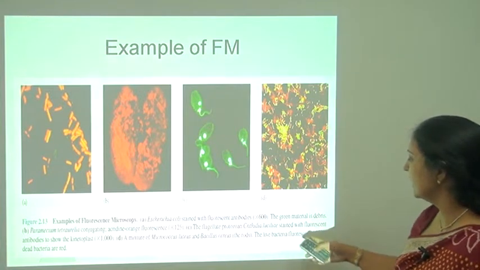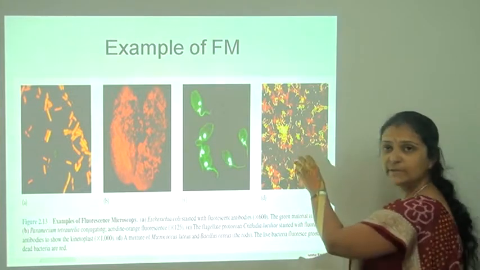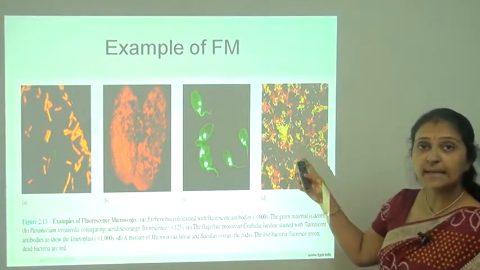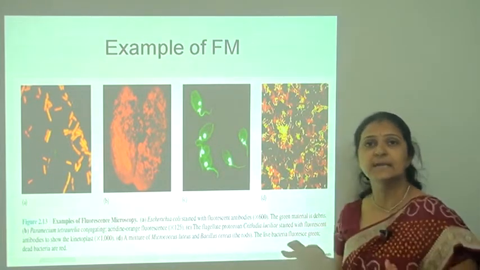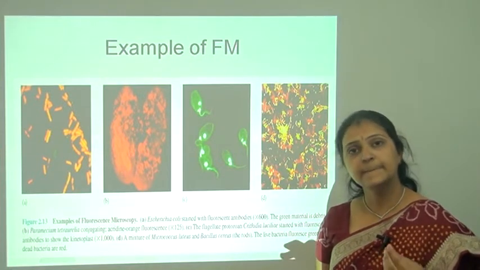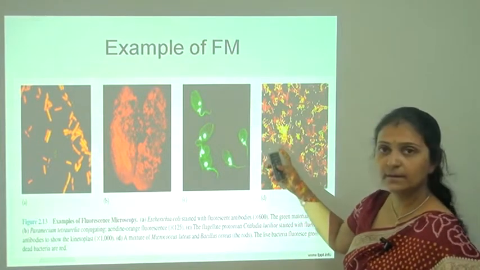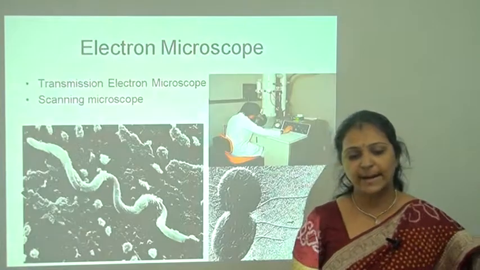Here the live bacteria fluoresce green. So we can see that the bacteria which are green are the live bacteria, and the bacteria which are red are the dead bacteria. Because of this green color, we can say that the bacteria are emitting some light, either because they are stained with the fluorescent dye or because they are emitting their own fluorescent color. But the fluorescent color indicates that the bacteria are living bacteria.